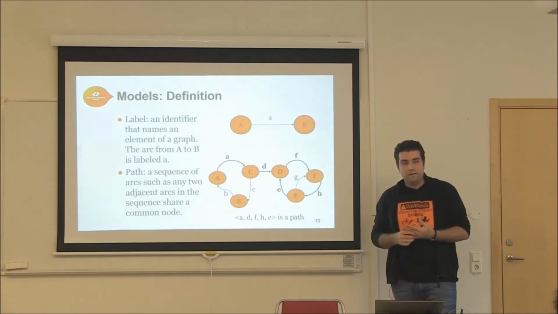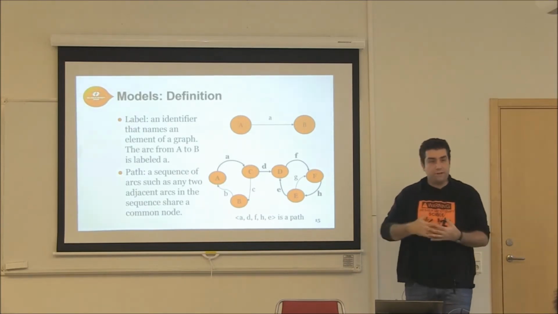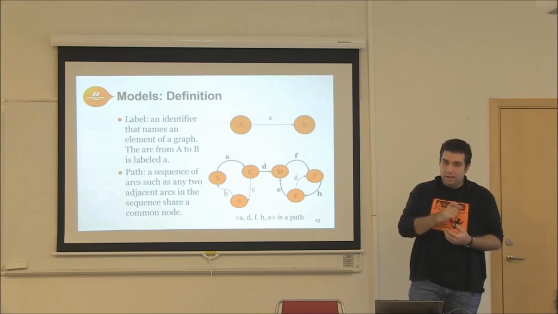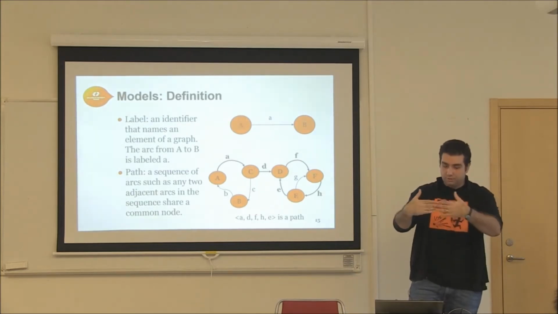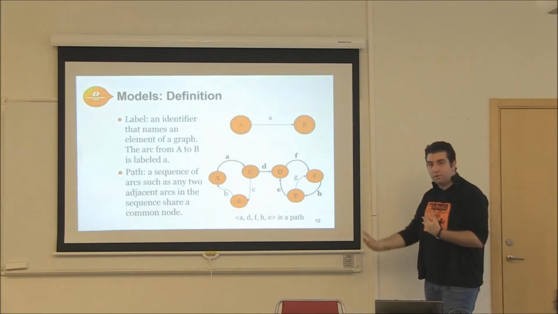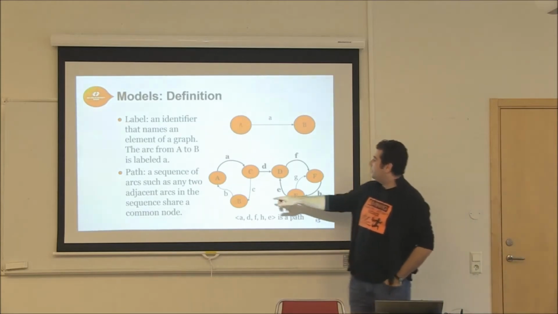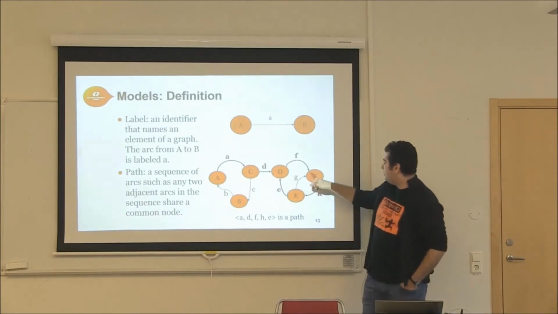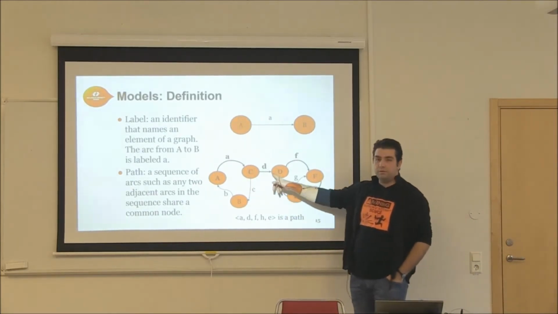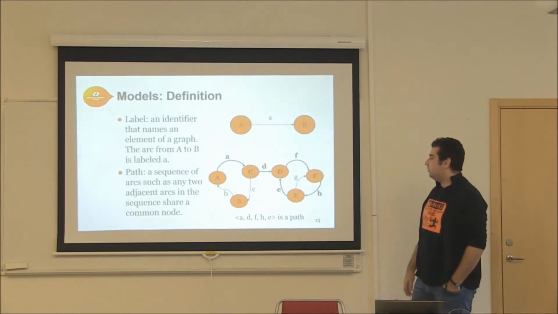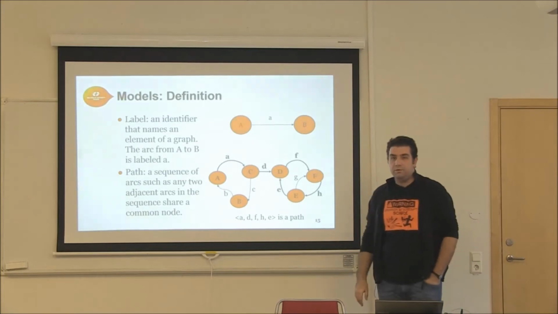What is a path? It's a sequence of edges such that any two edges that are close to each other in the sequence share a common node. So here you have from A to C to D to F to E, and then you go back to D. So you have a common node. That's a path in your graph.